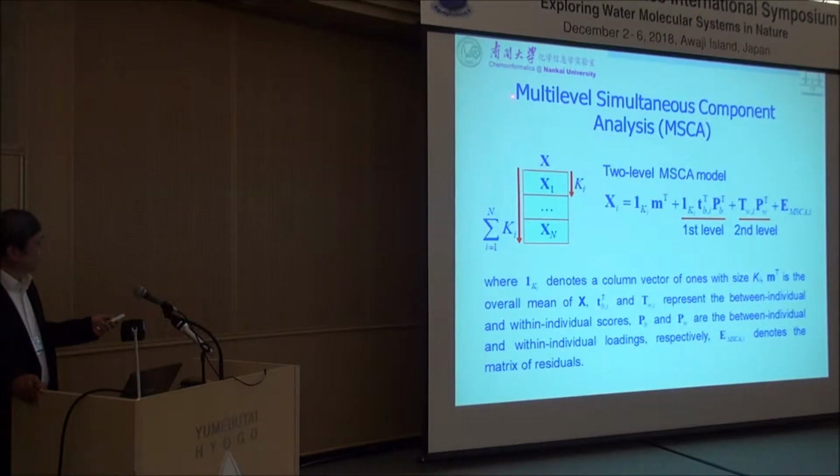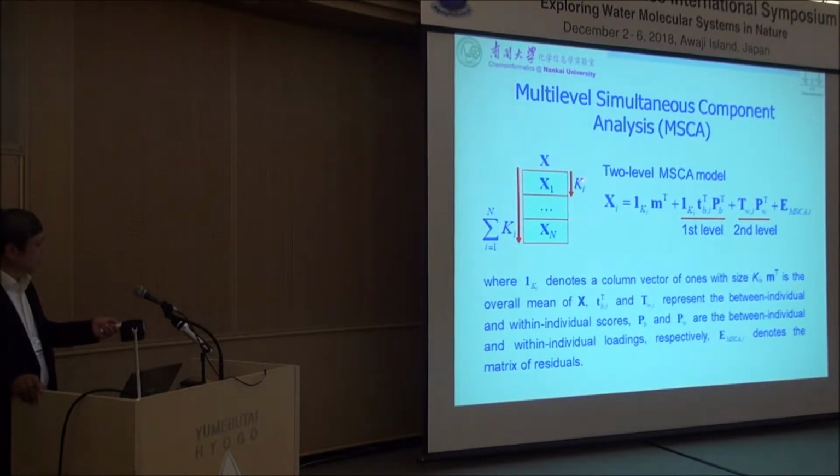The first method we tried is the multi-level simultaneous component analysis, MSCA. This is a two-level MSCA model. This model can describe data measured under two affecting factors.